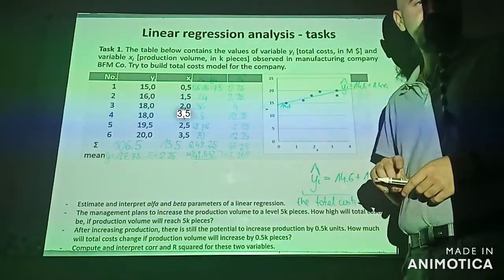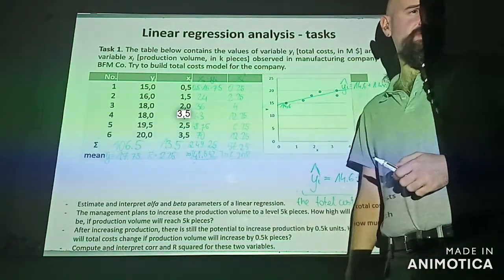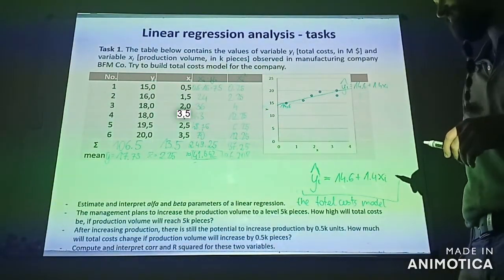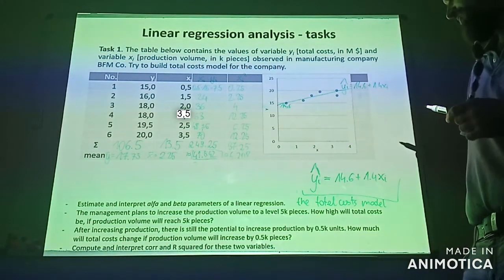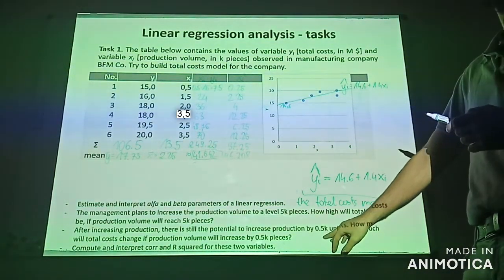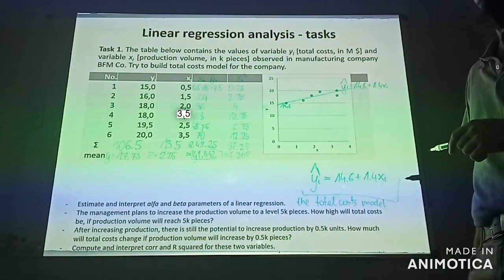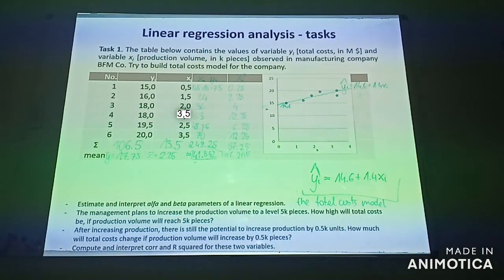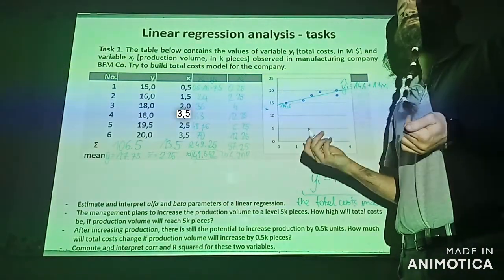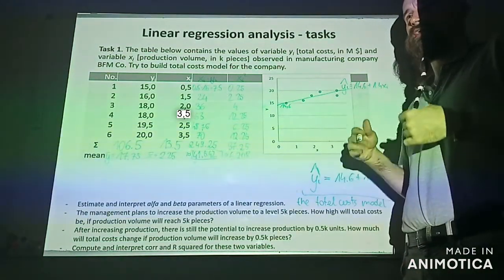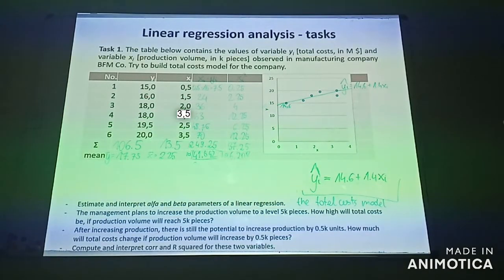Alright, we have the next question, the next event. After increasing production to the level of 5,000 pieces, there is still the potential to increase production by 5,000 more pieces. How much will total cost change if production volume will increase by 5,000 pieces? Okay, let's remind ourselves what I said before when I talked about the beta parameter interpretation.